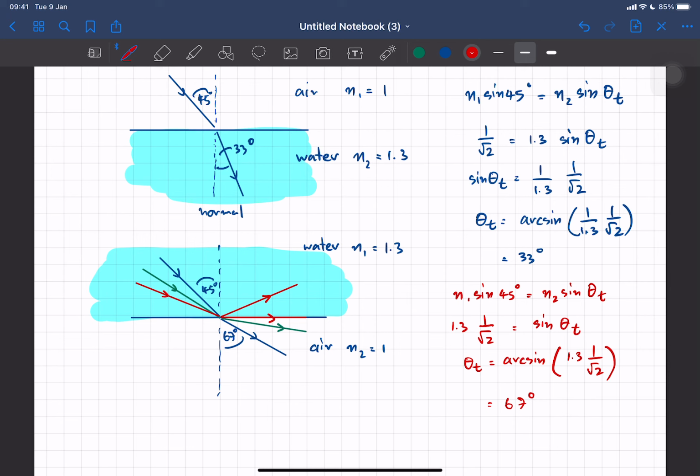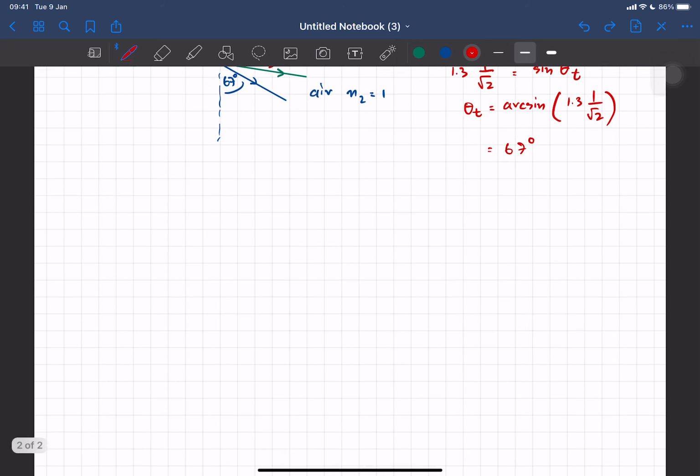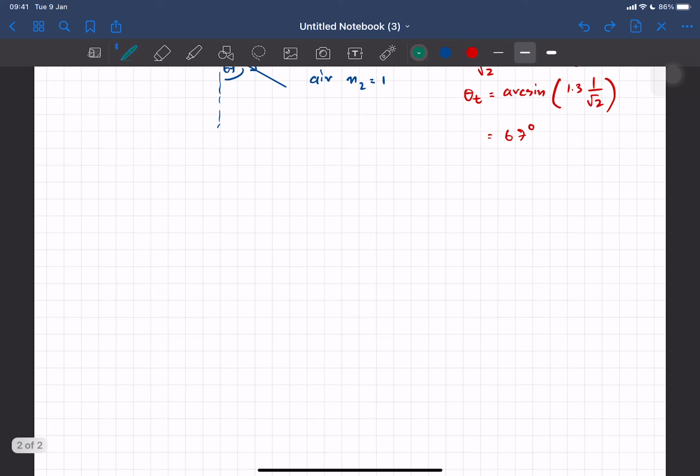So all the light will get reflected, 100%. This is what we call total internal reflection, and we can calculate where that happens. So that's going to be the next thing, which is again total internal reflection.